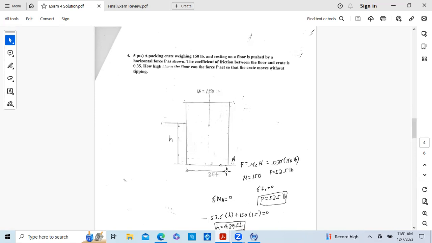And then I'm going to take moments about A. This would be basically on the verge of tipping that we're looking at. Minus 52.5 times H plus 150 times 1.5.